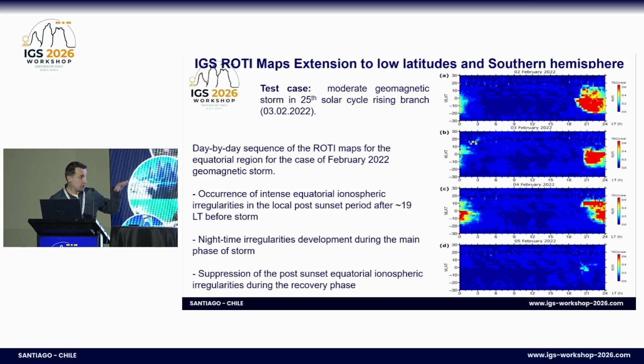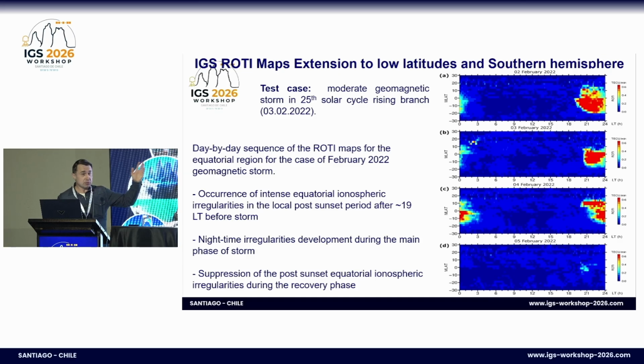And these are maps for the equatorial region, which represent the occurrence of regular plasma bubbles which normally develop after sunset, and storm-time driving of plasma bubbles due to, for example, prompt penetration of the magnetic electric field.